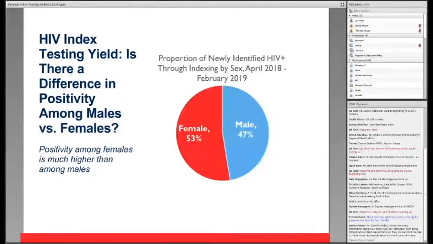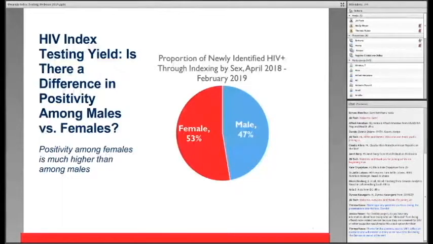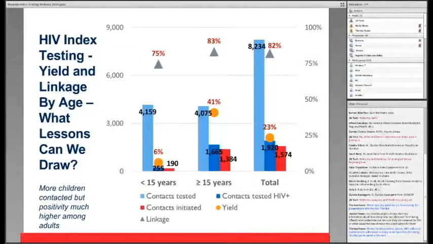From all those that we test, a higher proportion of those that turn out to be positive are female, to the tune of 53%, compared to males at 47%. So indeed, we reach out to more males through index testing as far as the contacts are concerned. But out of those contacts, of all those that test positive, there's a higher fraction of women compared to men.